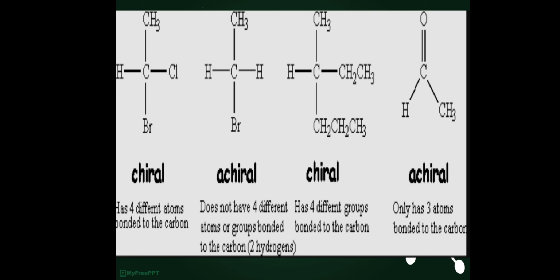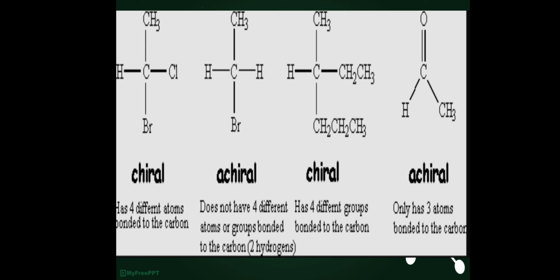So in this structure, ilan ang magiging atom? Tatlo na lang, CH3, hydrogen, and bromine. Kasi bakit nga inulit yung element na meron? So kapag may inulit na element na meron, meaning to say tatlo lang yung nabigay na atom. So if you cannot meet the 4 different atoms, the structural formula is included in achiral.